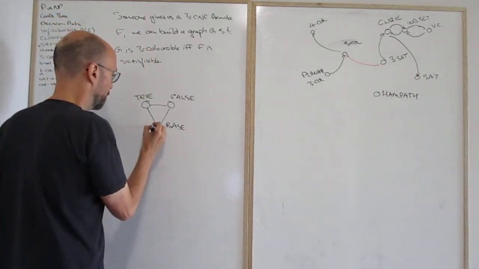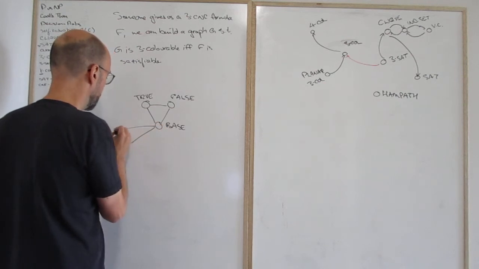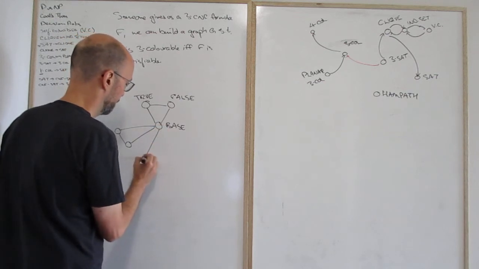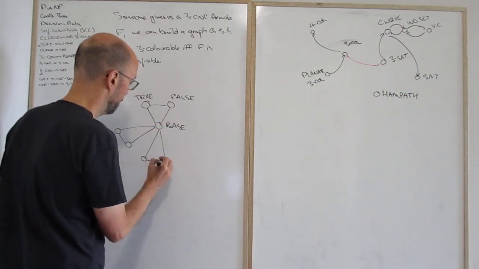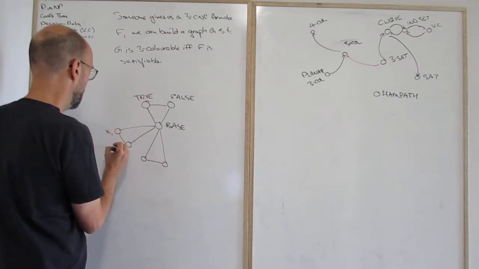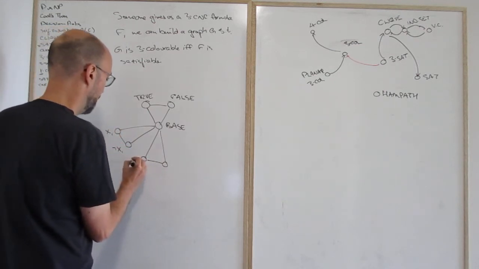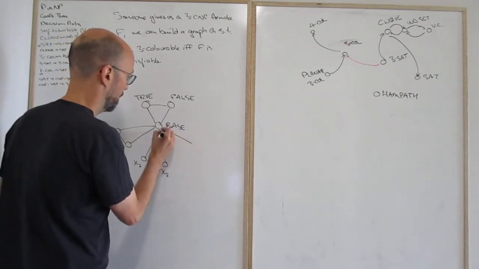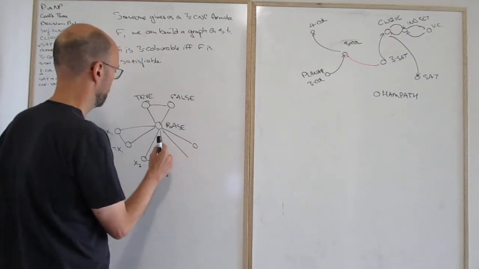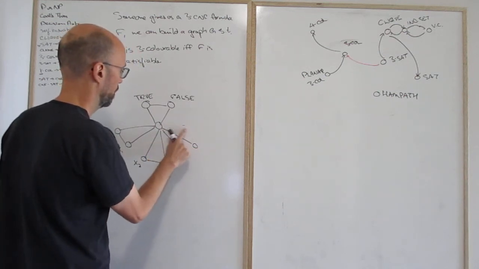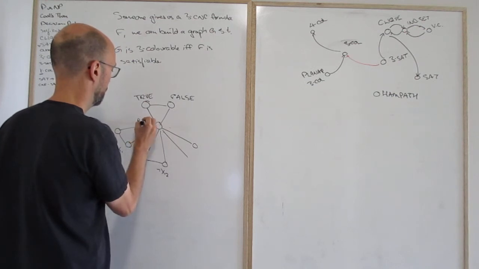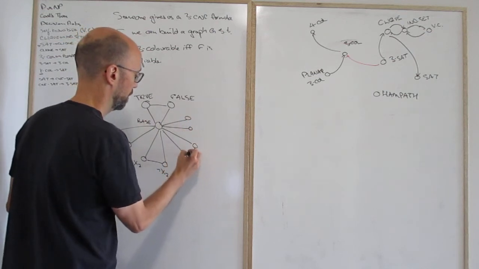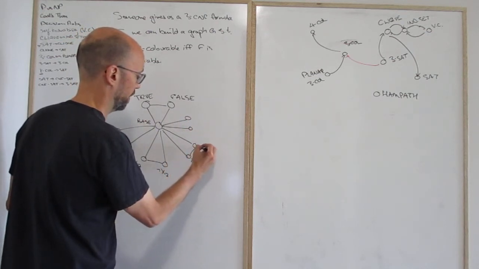And then for each literal in the formula F, we're going to have x1 and not x1, and x2 and not x2. And I'm going to write base over here so that I can have base, and I can have x3, not x3.